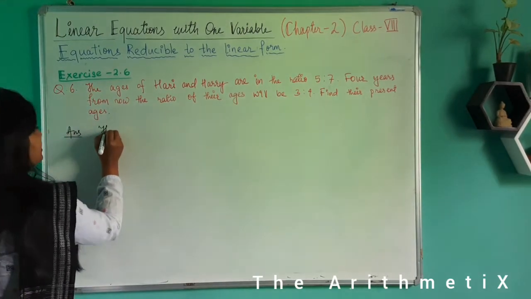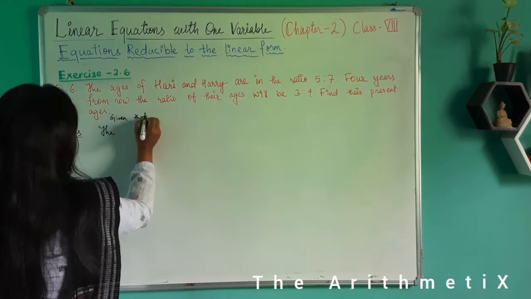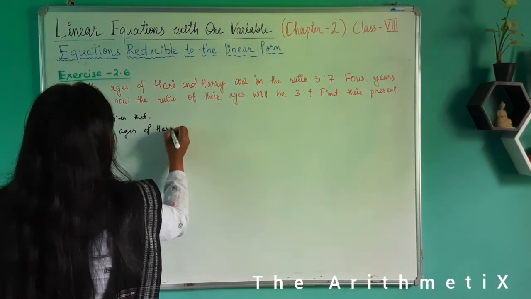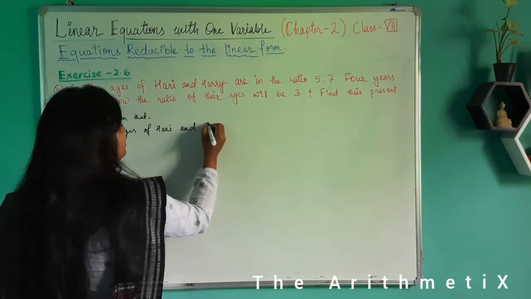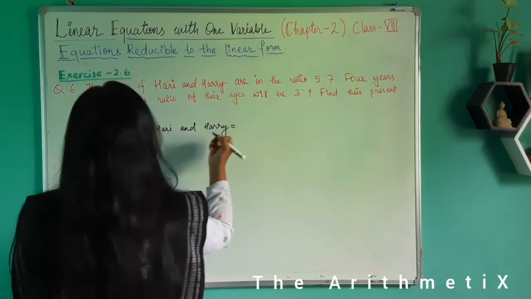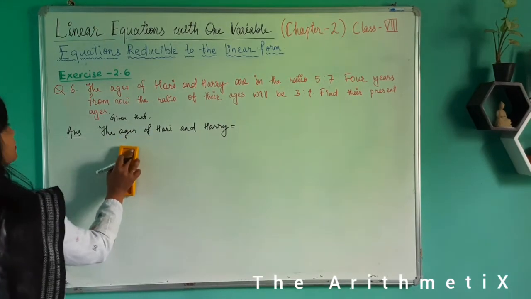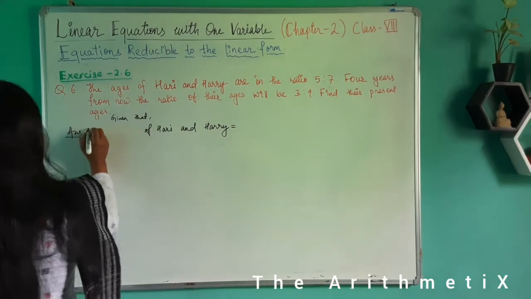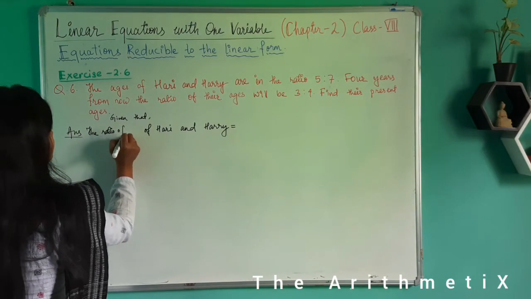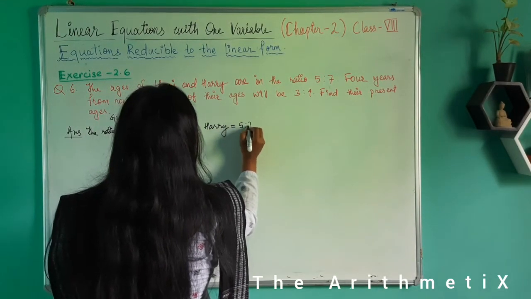So it is given that the ages of Hari and Harry, I should write the ratio of ages, equals 5:7.